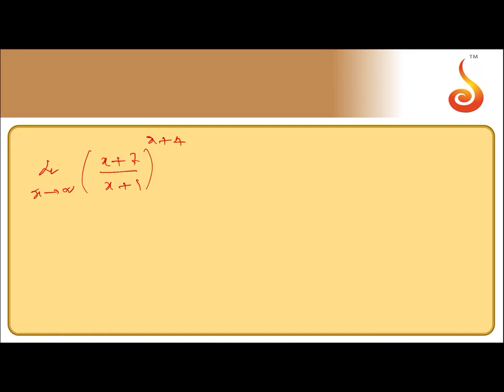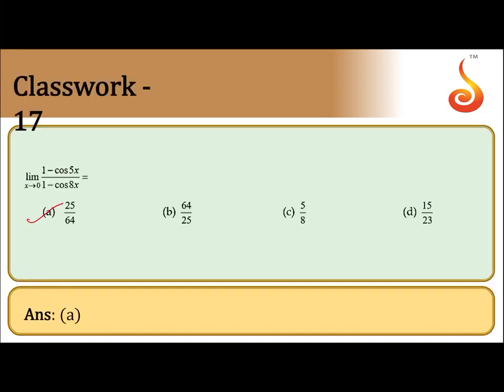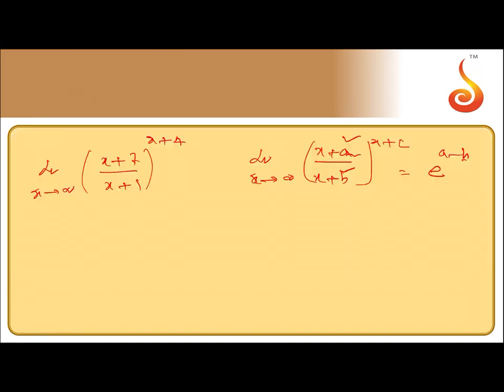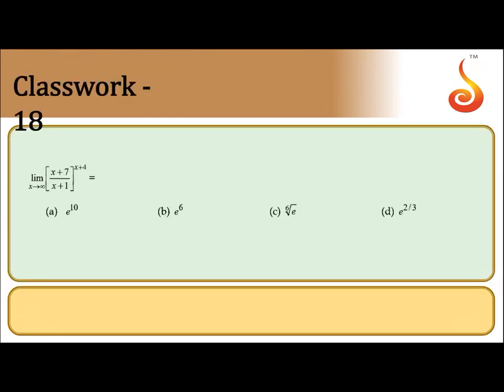Whenever you find the limit as x extends to infinity of ((x plus a) divided by (x plus b)) to the power of x plus c, directly you can write down the answer as e to the power of a minus b. So using this formula, the answer for this problem is nothing but 7 minus 1, e power 7 minus 1, e power 6. So the answer is e power 6.